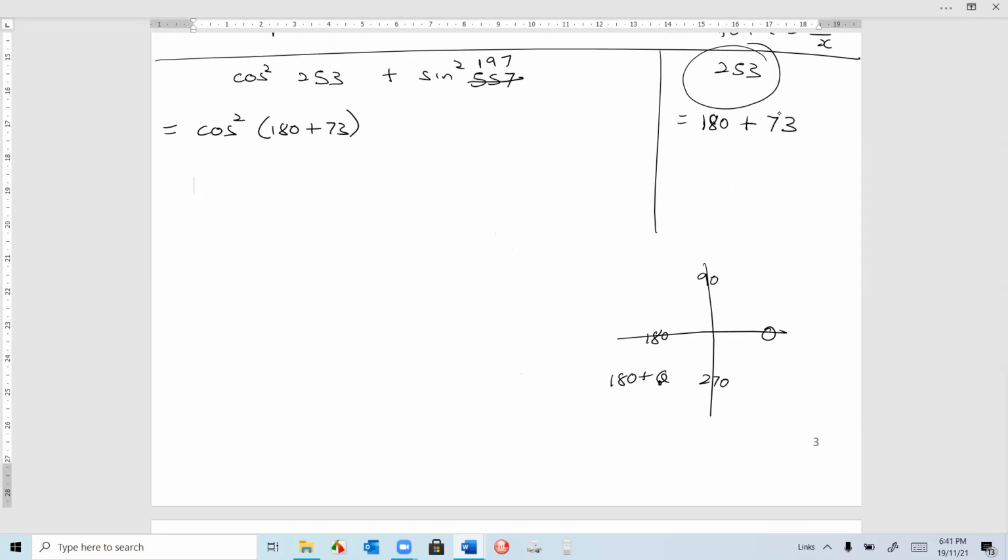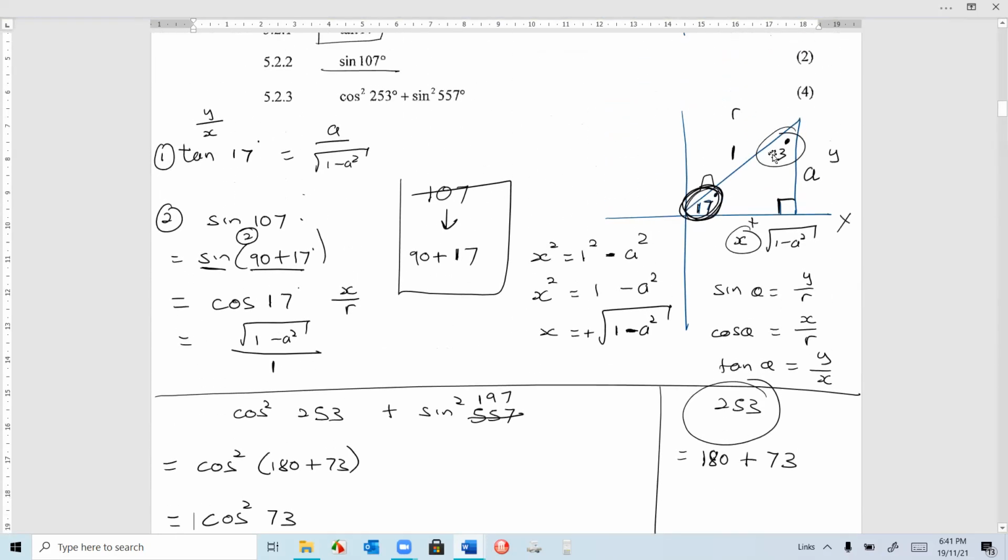Now remember, we said we're in quadrant 3, but we're not interested in whether it's positive or negative, because anything squared will give us a positive. So this will turn, using reduction formula, to cos squared 73. From there, we want 17. You can use 73. But remember, if I use 73, I need to use co-ratios because then my x and y will change.